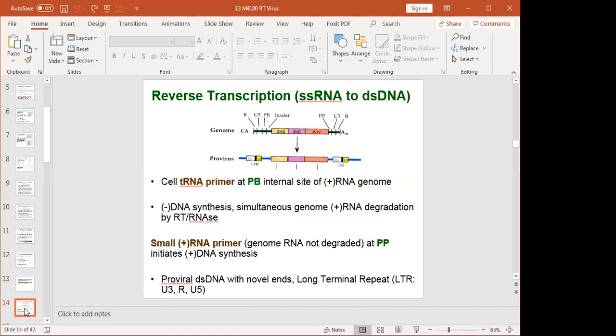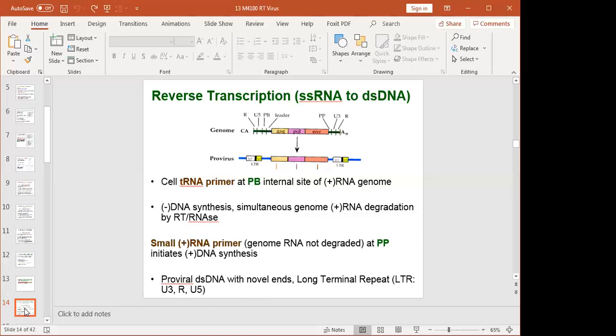Host cell transfer RNA primer binds to the PB or primer binding site of the positive RNA genome. For any of these transcriptional events, we require a primer. In this instance, at the 5' end, the primer is called tRNA primer, and the location that it binds to is called PB or primer binding.